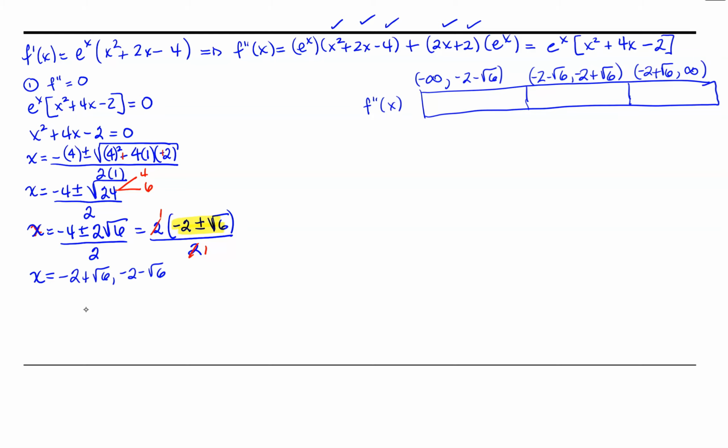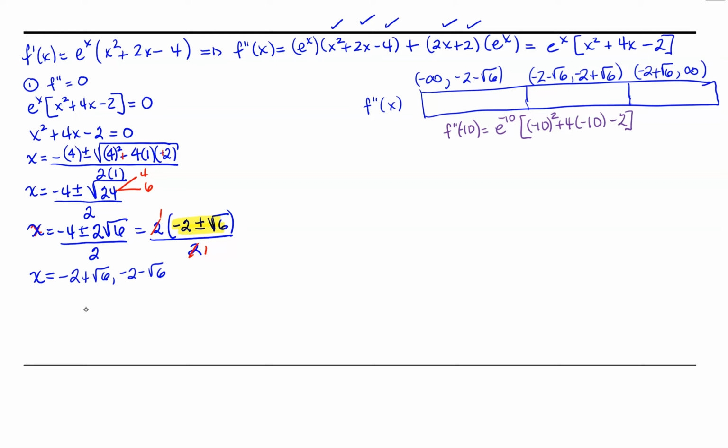So in our first interval, from negative infinity to negative 2 minus square root of 6, we will check negative 10. So f double prime of negative 10 is equal to e to the negative 10 times negative 10 squared plus 4 times negative 10 minus 2.